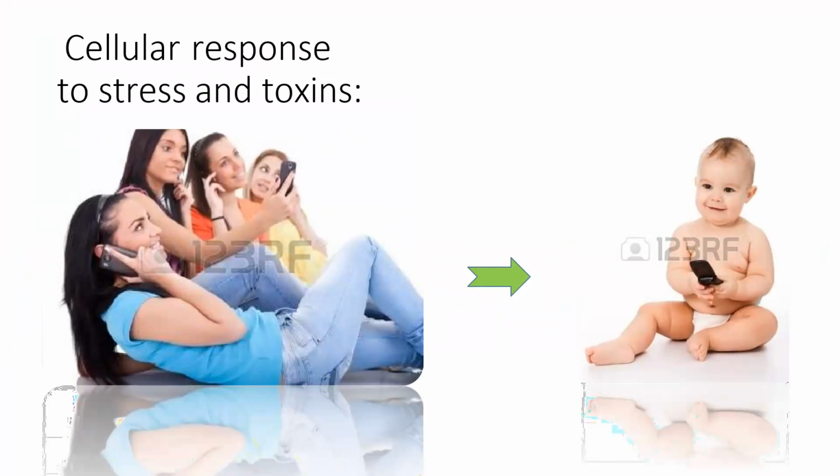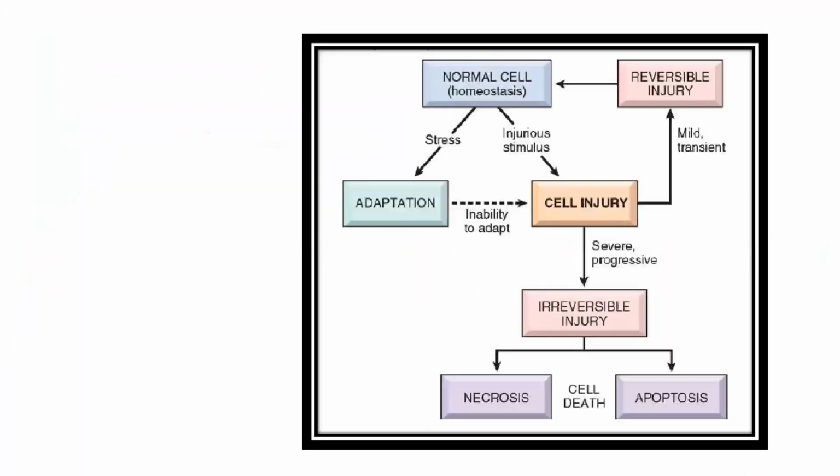There is an example of cellular level, cellular response to the stress and toxin. Okay. So daily, our cells die daily.